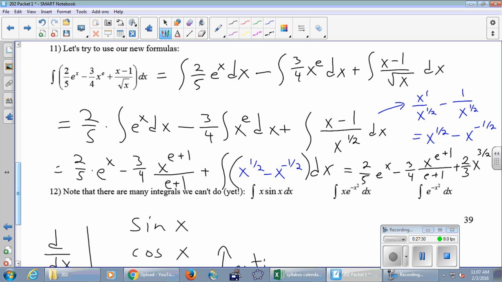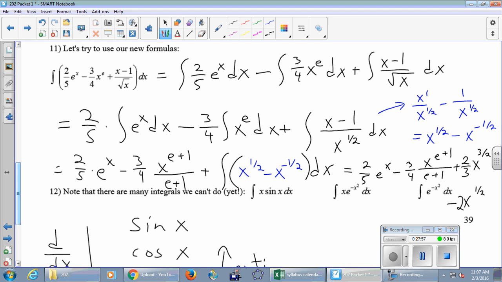And then minus x to the, so this is this guy here now, add 1 to the power, it becomes half. And then we divide by the new power, which is a half, but instead multiply by 2. So I think this becomes minus 2x to the half. That's kind of 2 steps in 1.